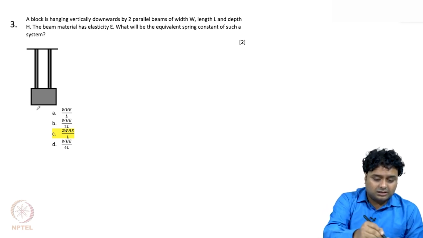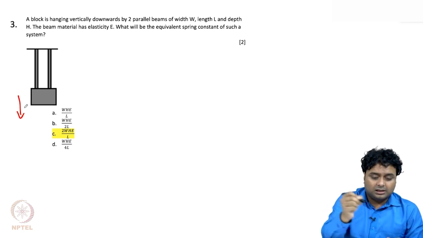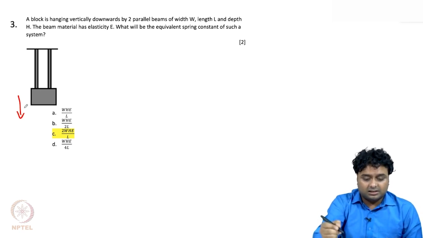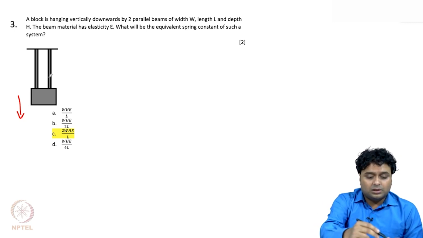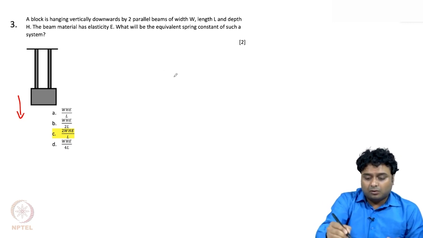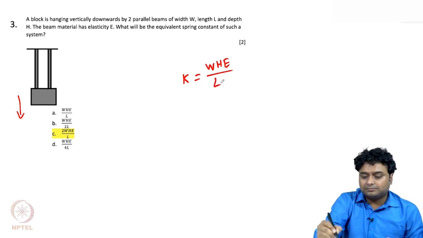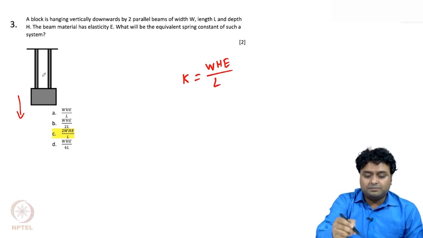As the force acts vertically downwards, right, then it is only axial stress, and for axial stress we know, from what we discussed during the lecture videos, that for any single beam K equals W H E by L. Now both the beams are the same, so both have the same K value, right, and they are connected in parallel.